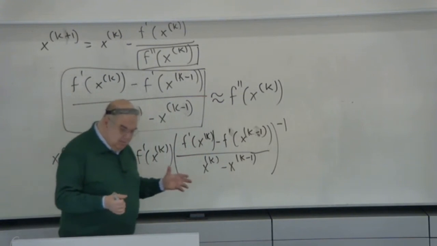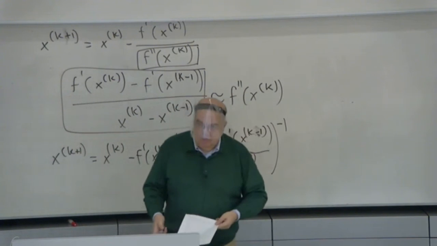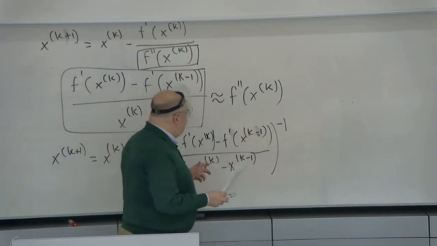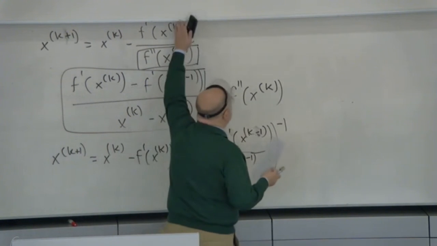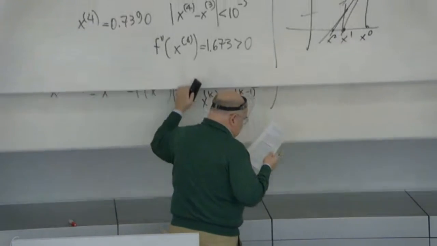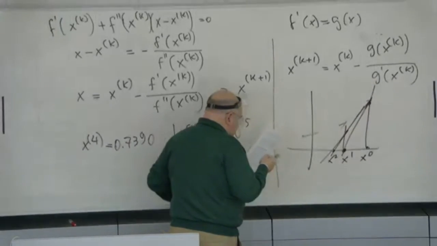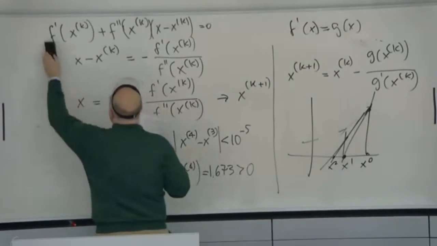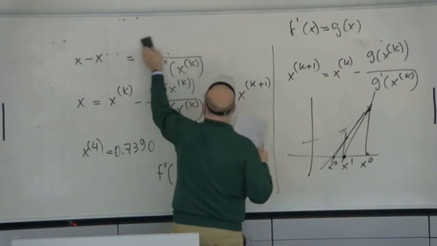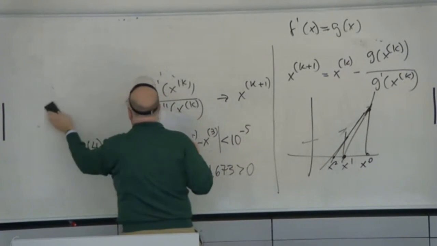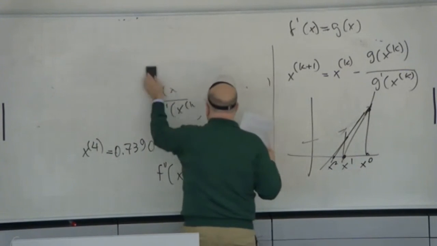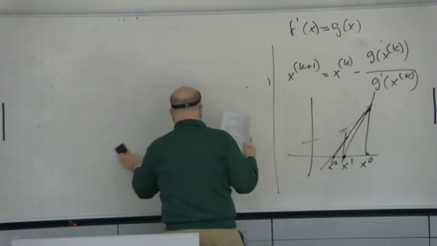So what are the ideas for multidimensional algorithms? Essentially, you work in the same way. You start at a point x0, and then you move to x1, x2, and so on. The problem is where to move.